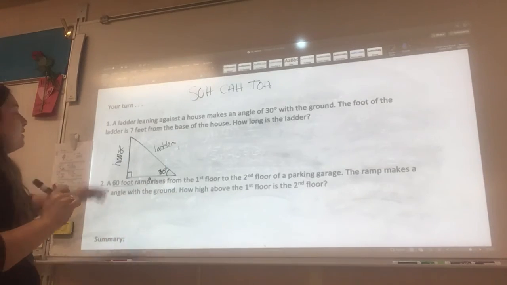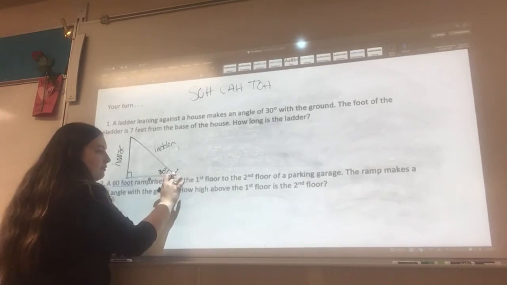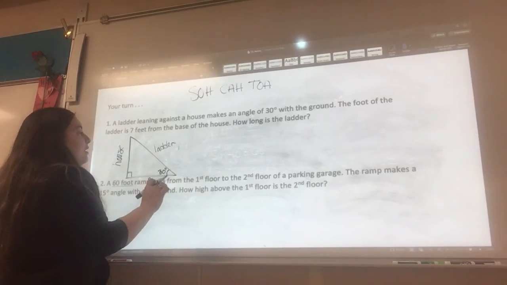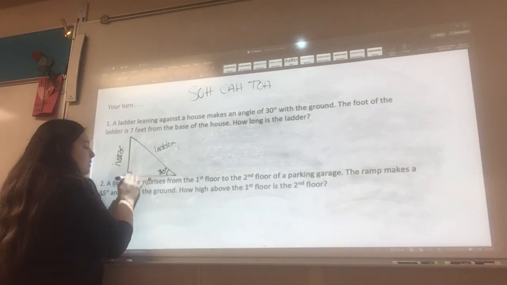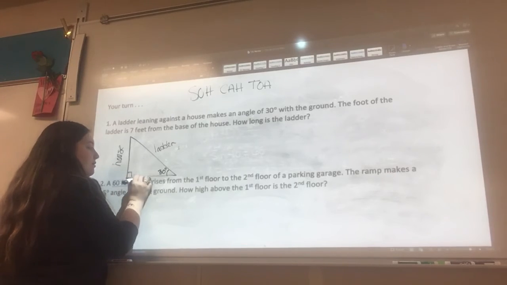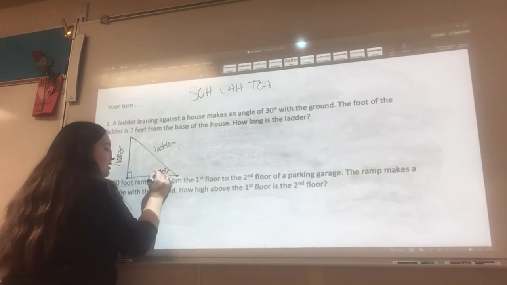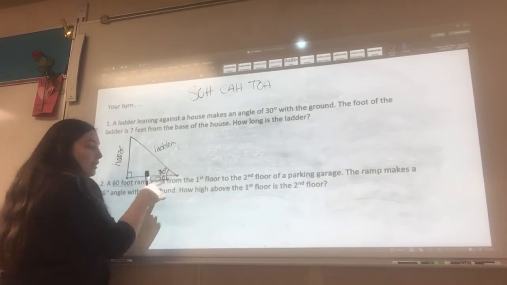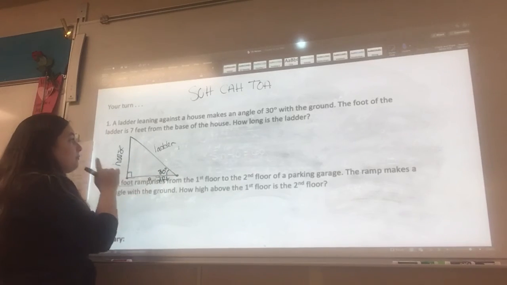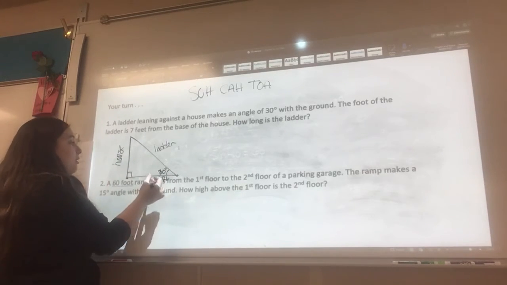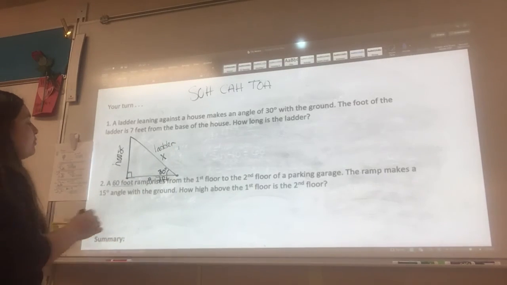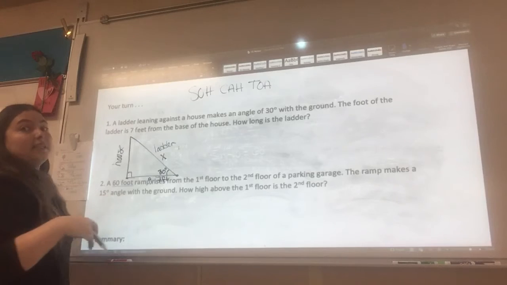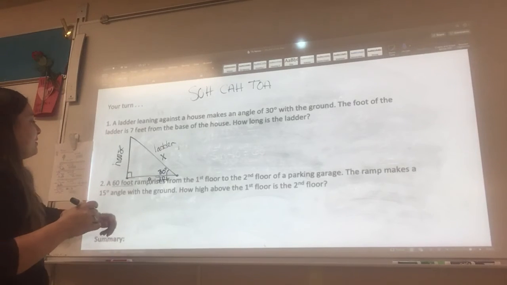The foot of the ladder, so this is the foot, that means the bottom, is 7 feet from the base of the house. So that means from the base of the house to the foot of the ladder is 7 feet long, okay? How long is the ladder? So it wants us to find the ladder, because more than likely that house is actually taller than the ladder. So that's pretty reasonable.